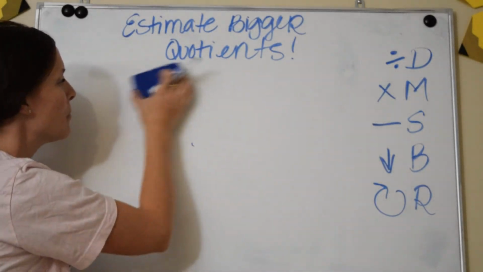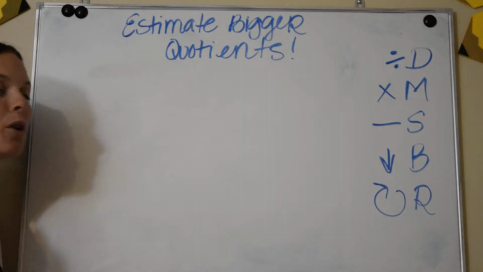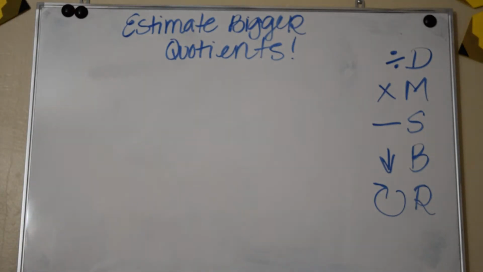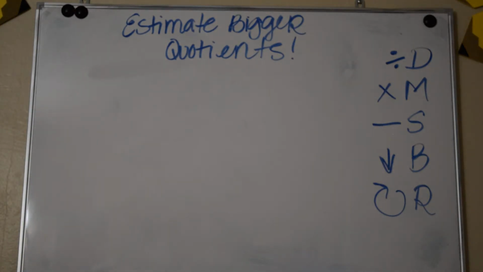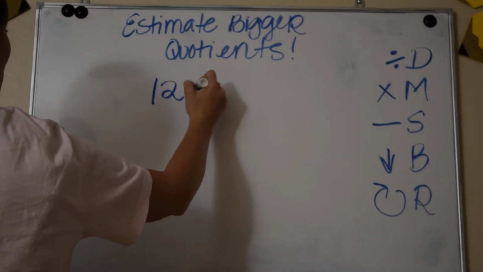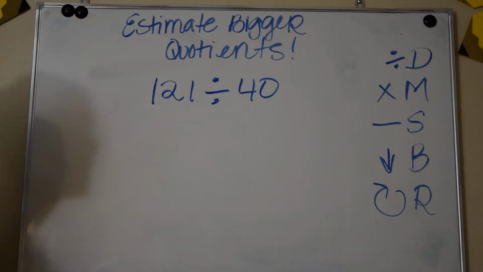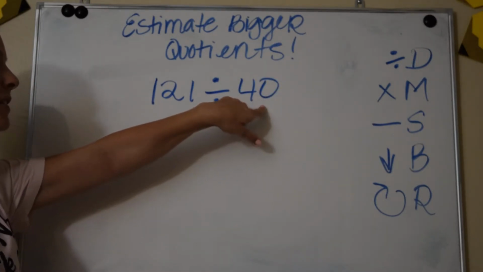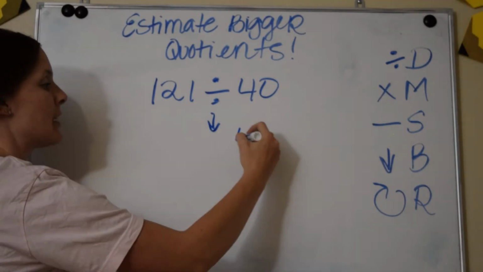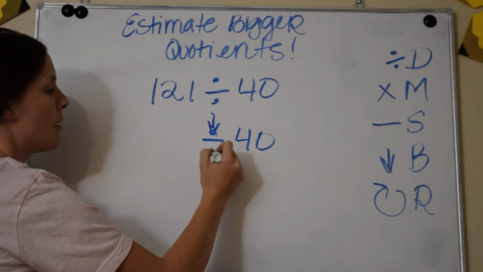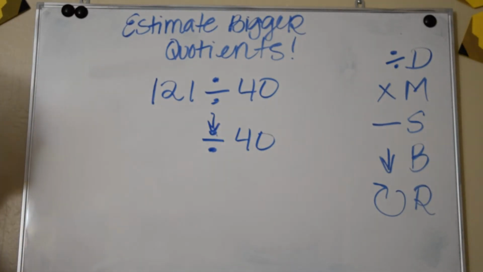So the main purpose here is for you to move and round these numbers to something that is a fact family. Let's say I have 121 divided by 40. Okay, I'm not going to round this. This is good for me because it's already in a power of 10. But how about this 121?